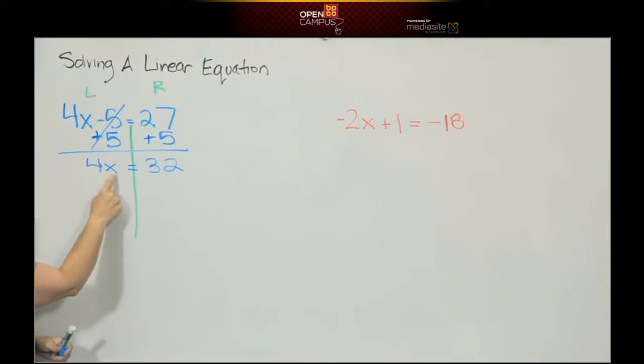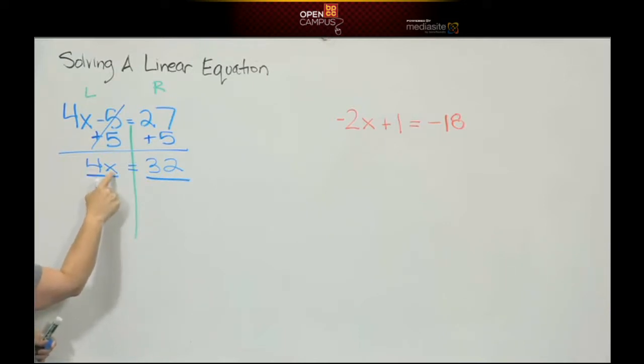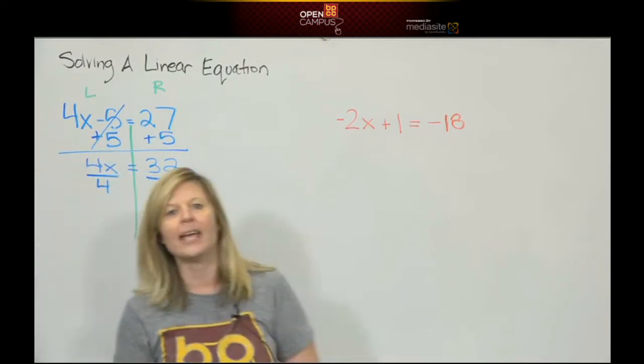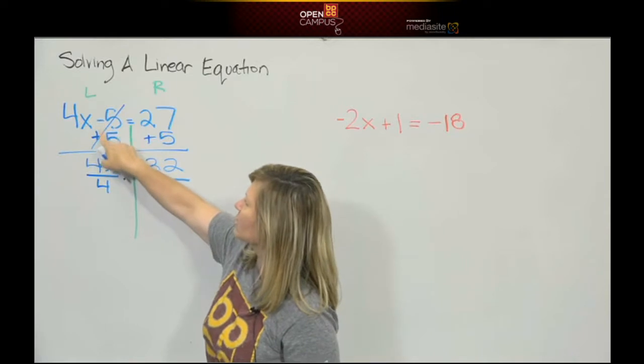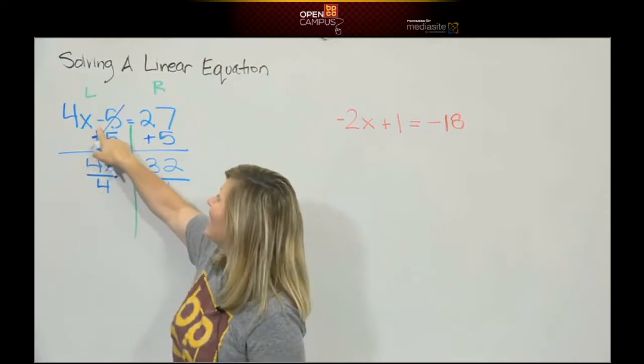4 is connected by multiplying. The opposite operation of multiplying is to divide, and that's what the fraction bar is. So the opposite of multiplying by 4 is dividing by 4. Now I know what you're saying, but Miss Black, up here when you did the opposite, you changed the signs. But people, the opposite of add is subtract.